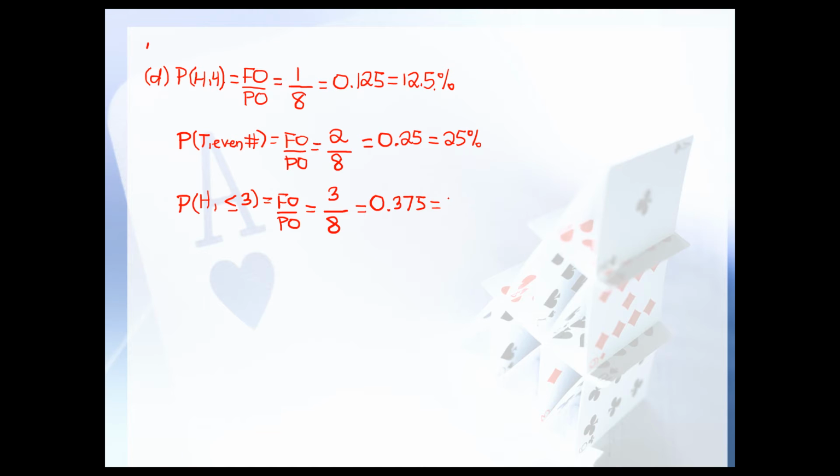And if you multiply by 100, that would give you 37.5%. It's much easier to determine a percentage if the decimal number you calculate is not a repeating decimal. It's much more annoying if it's repeating, because then you have to worry about rounding.